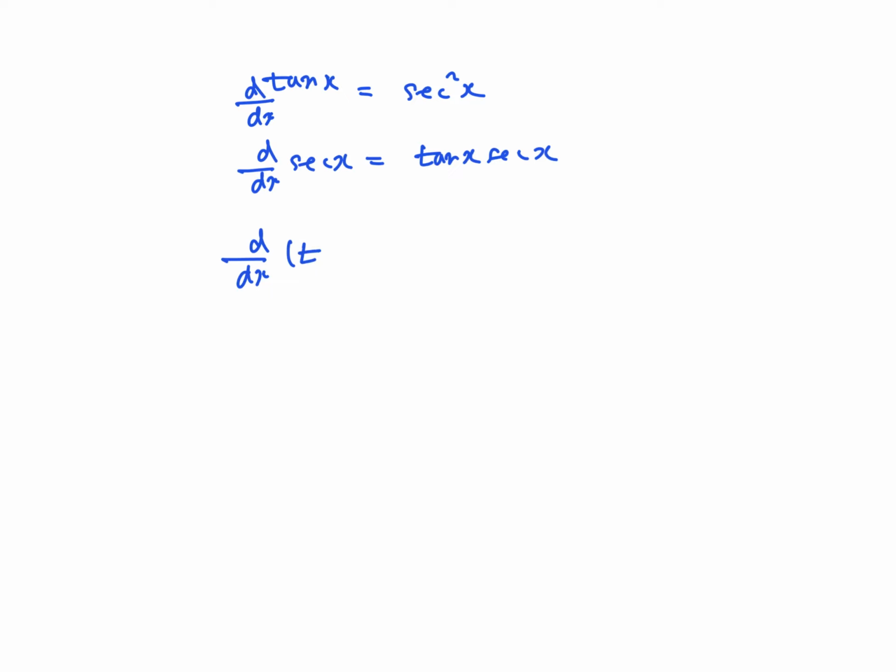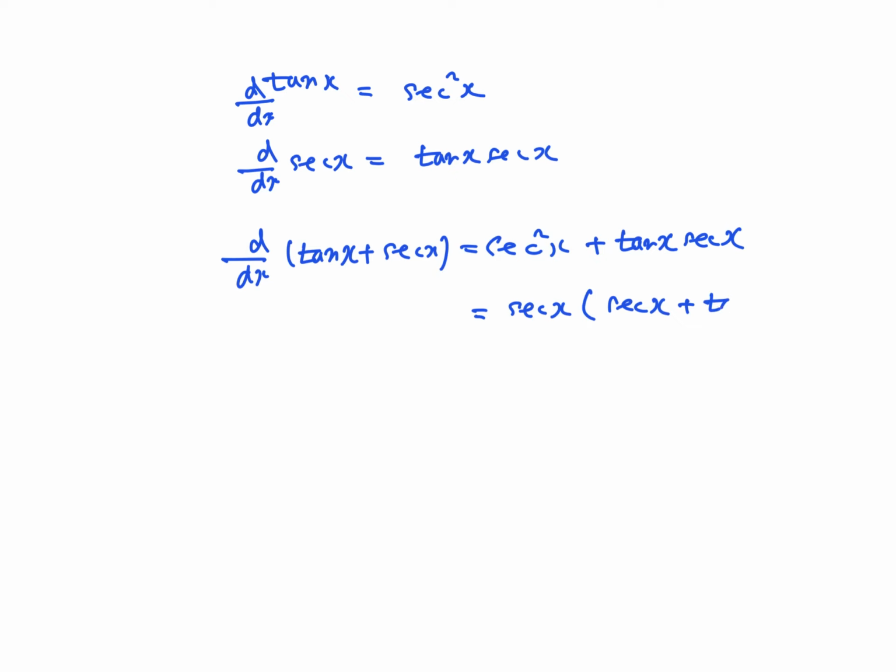d/dx of tangent x plus secant x is secant squared x plus tangent x secant x, right? That is secant x times (secant x plus tangent x). If we divide everything by secant x plus tangent x, what do you get?